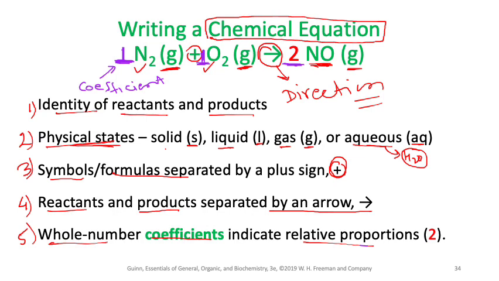This ratio coefficient also sometimes tells you about the moles. So coefficients are sometimes used as moles. Right now just remember this. We're going to use this concept later in the chapter, where we talk about the number of moles.